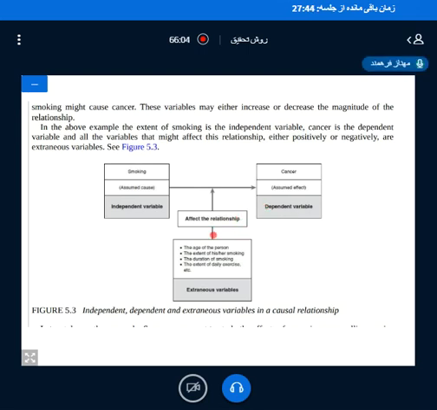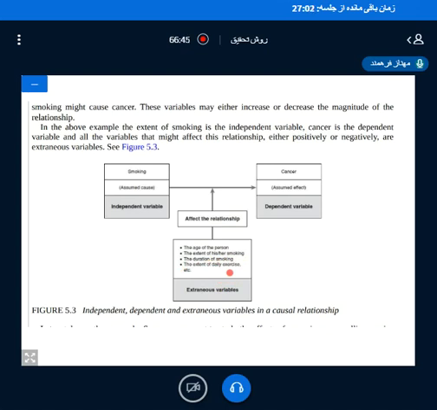In the middle of the picture you can see what affects the relationship: extraneous variables, which include the age of the person, the extent of his or her smoking, the duration of smoking, the extent of daily exercise, and so on.